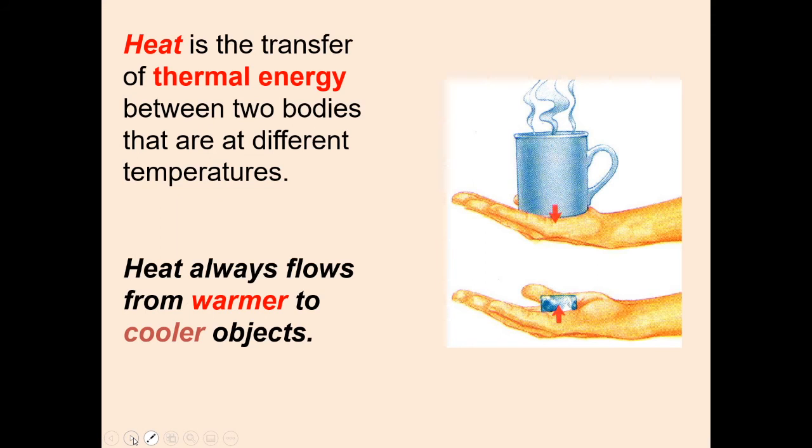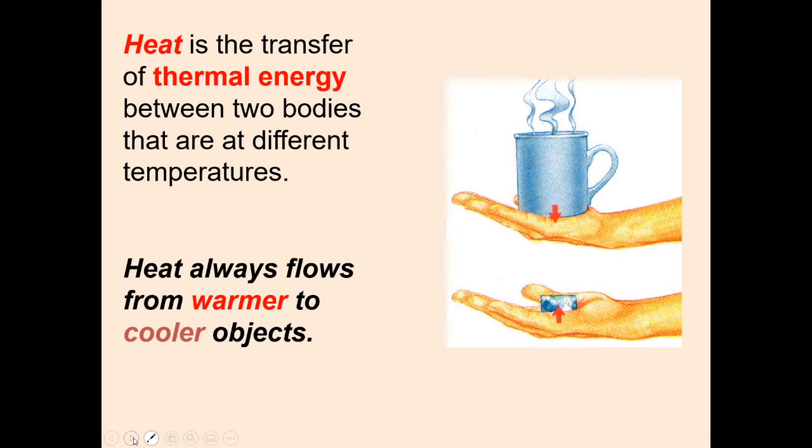In the second picture, he's holding an ice cube. Now when we use ice, we say we're going to cool something off with ice. We're going to make it colder by putting ice in. We take a glass of tea, we add ice, and we're cooling it down. Well, technically, that's kind of wrong to say, because the ice is not cooling the liquid down, and in this case, it's not cooling the hand down.